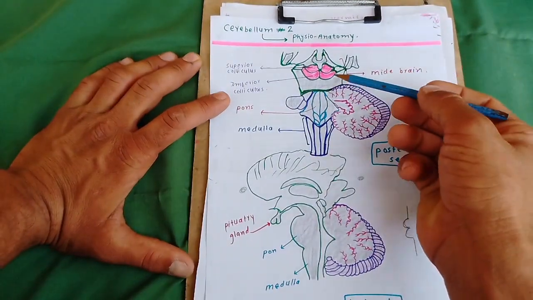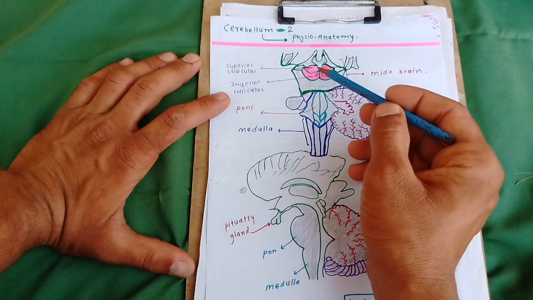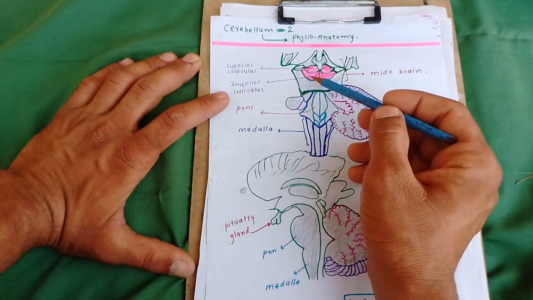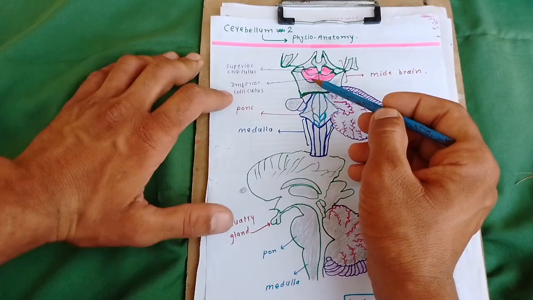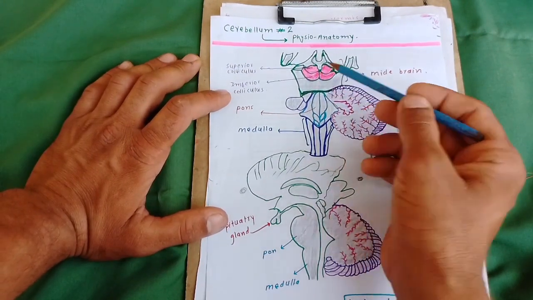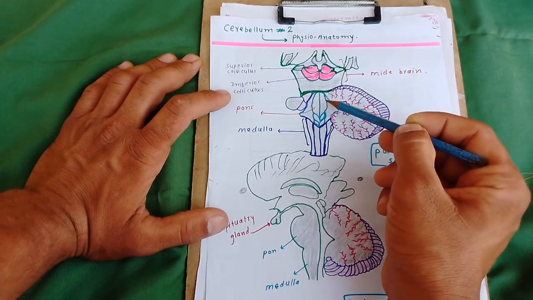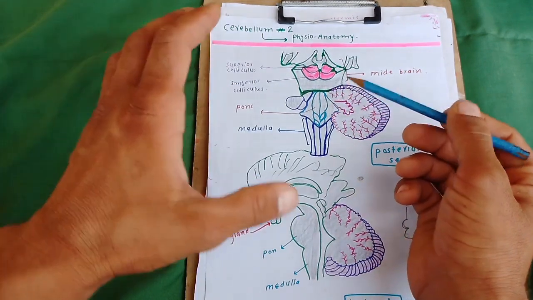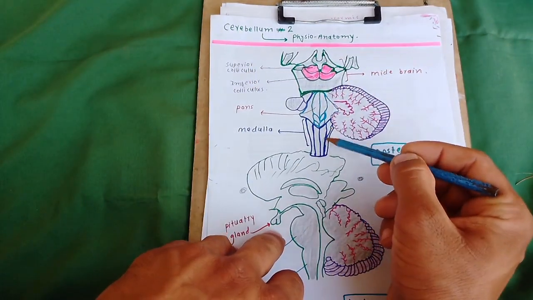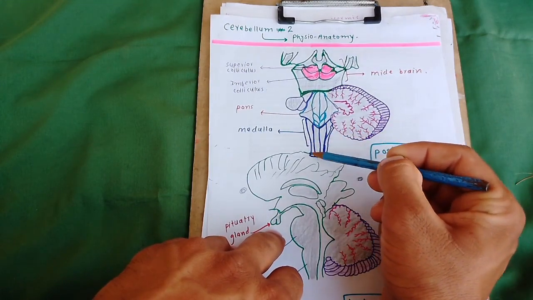This is the posterior view. This is the midbrain. This is the superior colliculus, inferior colliculus, which we have already explained in the past class. This is the midbrain, while this is the pons. This is the posterior aspect, and this one is the medulla, from this point.